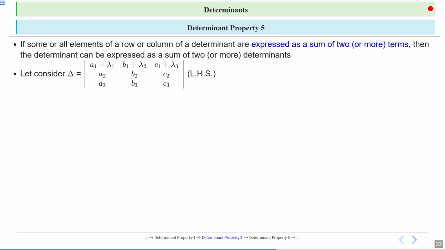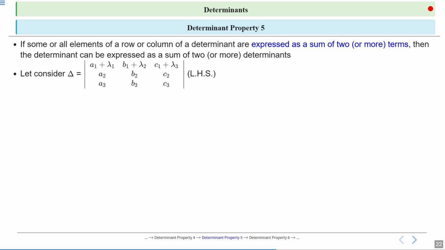So, as we can see here, the first row is written as a sum of 2 terms: a1 plus lambda 1, b1 plus lambda 2, c1 plus lambda 3. Then a2, b2, c2, a3, b3, c3. So now this determinant can be expressed as a sum of 2 or more determinants.